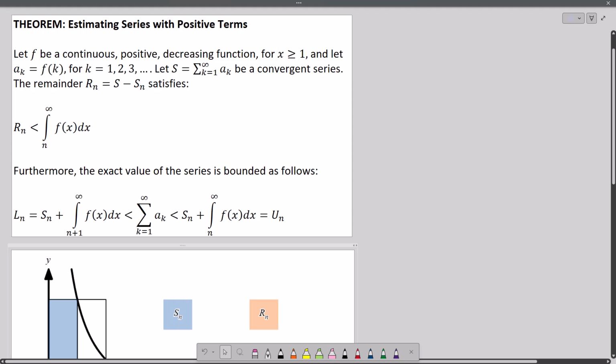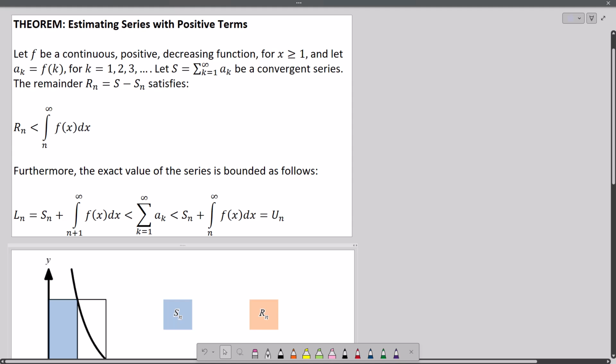So the concept is that we've got our infinite series, and we now know really well what S sub n is: the sum of the first n terms. But then there's this infinite collection of terms that aren't included in S sub n: your a sub n plus 1, your a sub n plus 2, and so on all the way out.